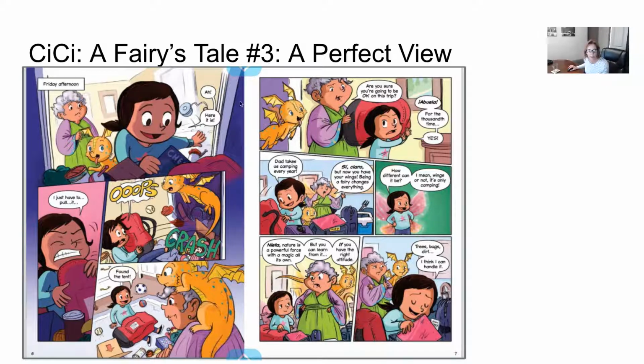Something else we talked about was speech bubbles. Here it is, and it's like you can hear Cece talking. And then you'll notice this speech bubble is a little bit different, so you can hear her just being like, oops.